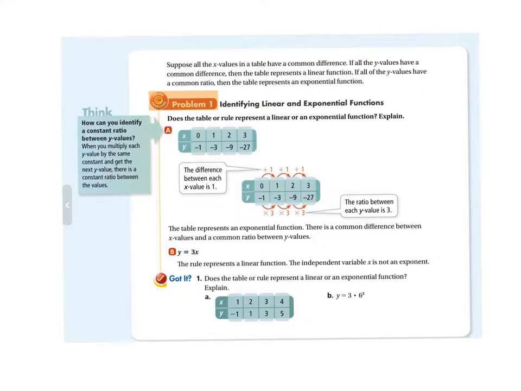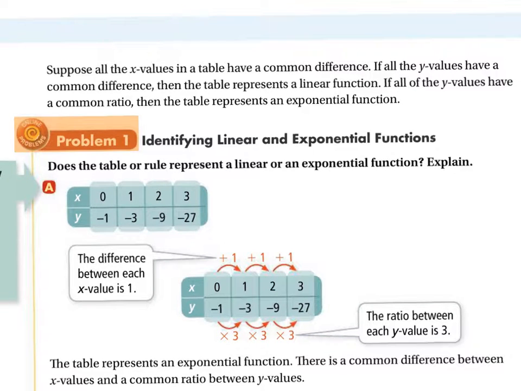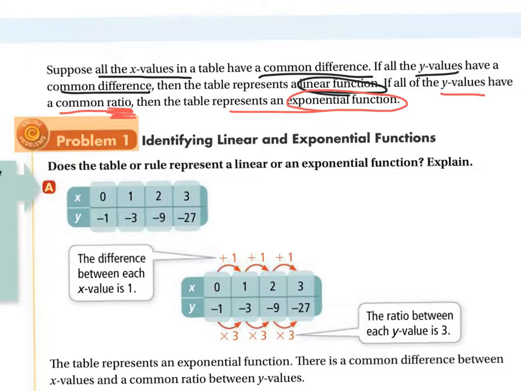So on the next page, it says, suppose all the x values in the table have a common difference. If all the y values have a common difference, the table represents a linear function. If the y values have a common ratio, then it represents an exponential function.